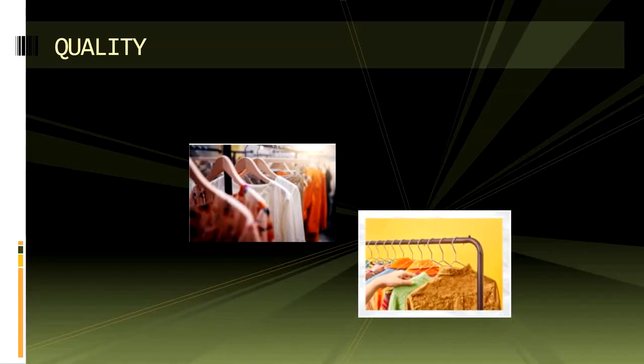Now, when you judge garment quality, different parameters and characteristics come into play: the color of the product, the durability of the product, the fit properties of the product. All these things together, how they attract the consumer and the perception by which they satisfy our need, that is quality.